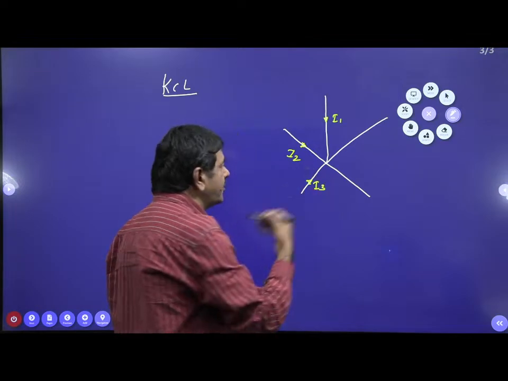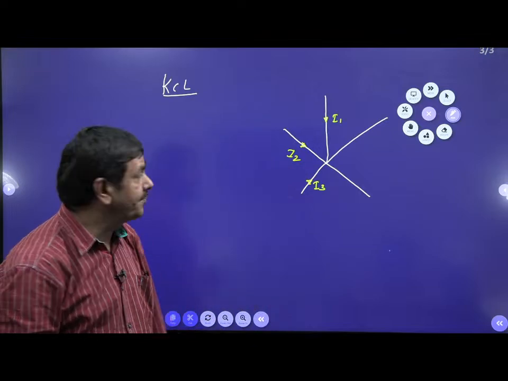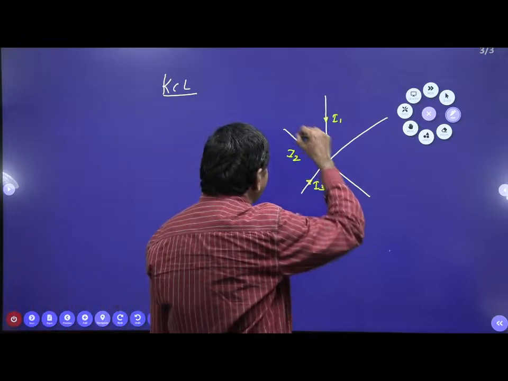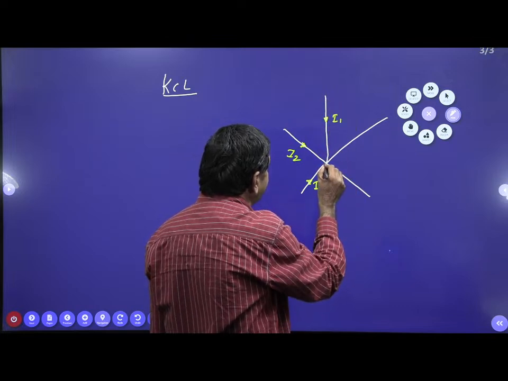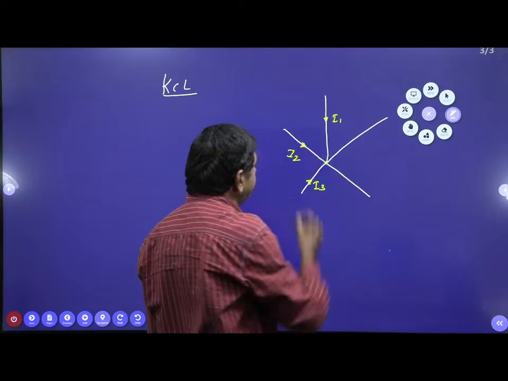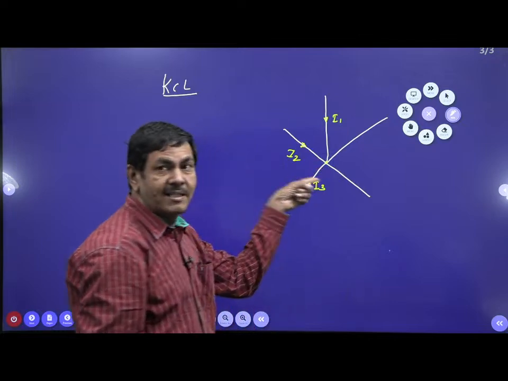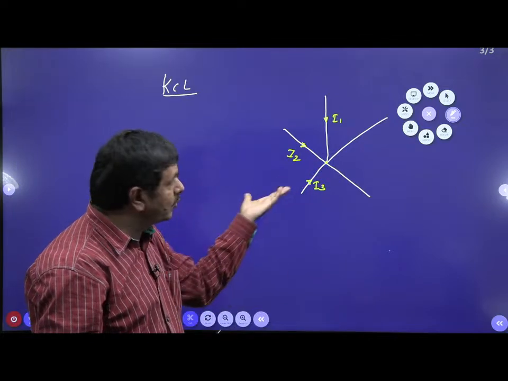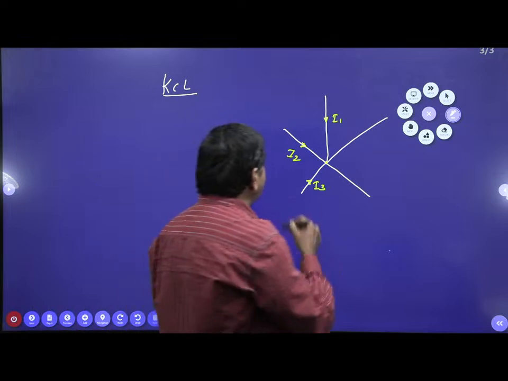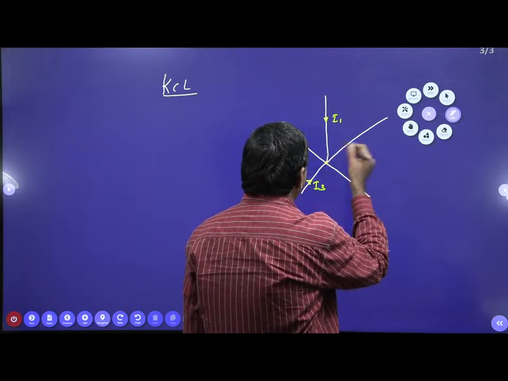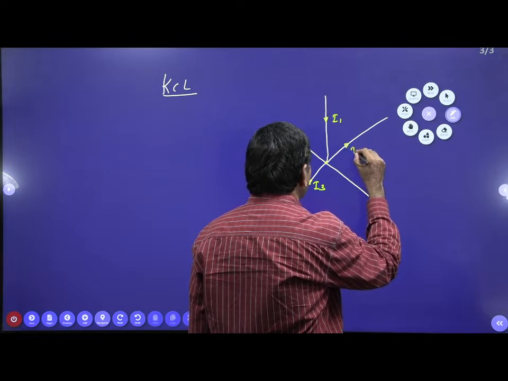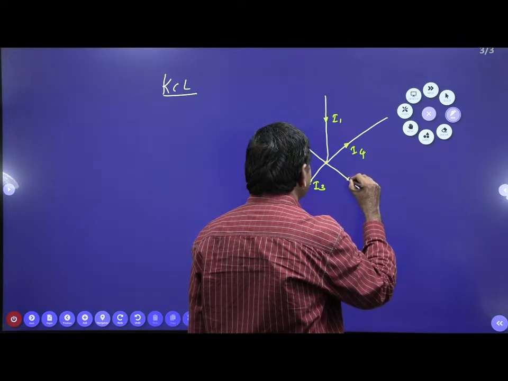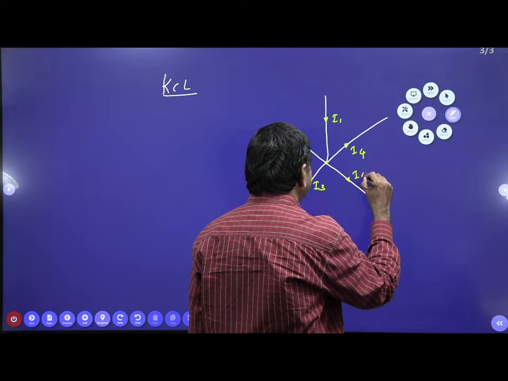Through any conductor, you allow the current to pass through it. But these are all the incoming currents only. After reaching this junction, this node point, the net current will try to divert through the other conductors. This is I4, and this is I5. Junction is nothing but the node point only.